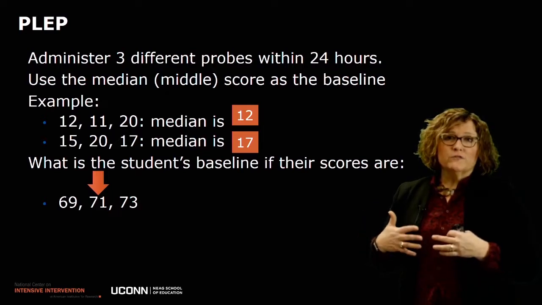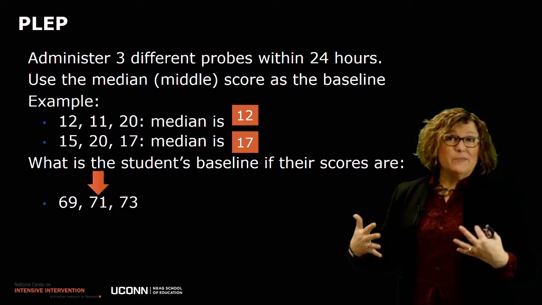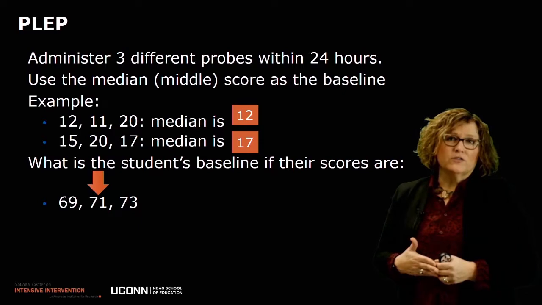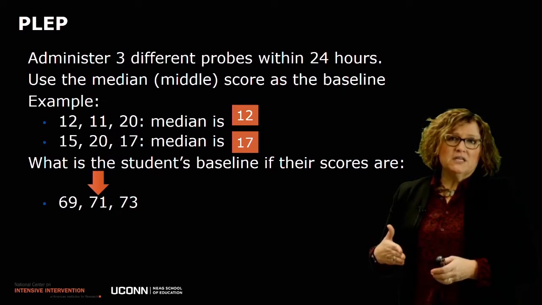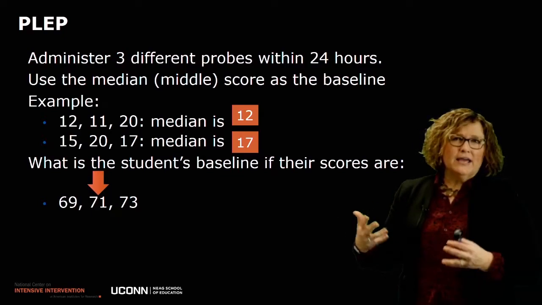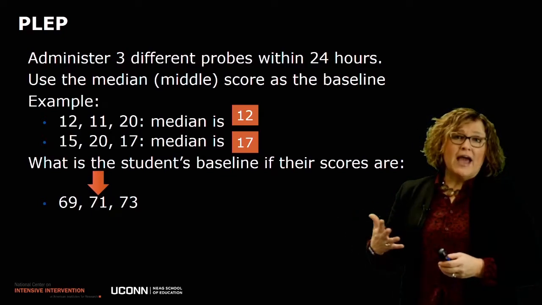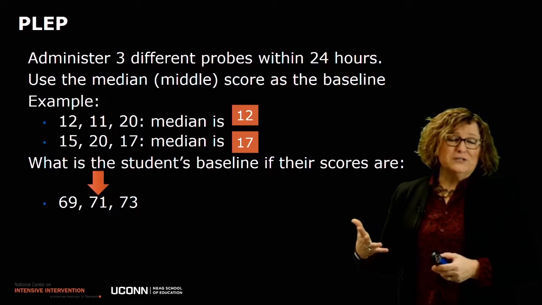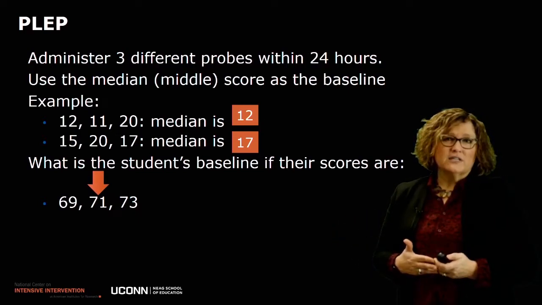We want to sort of balance out and try to get the best approximation of where the student's at. And so the median isn't as heavily influenced by those sort of high and low scores. The average, a really high or really low score would really pull that average, but a median is less influenced. So that's why we take the median.